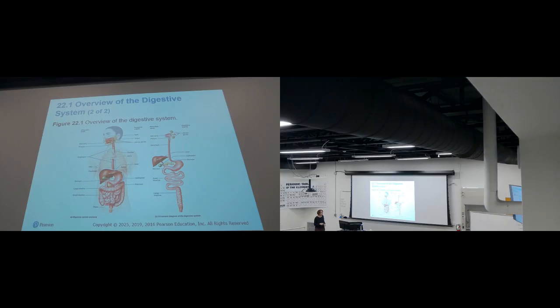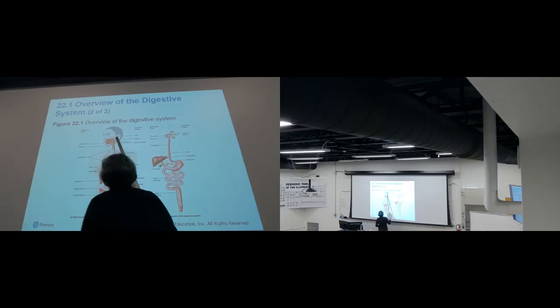The stomach is a reservoir of food that has an inverted J shape. It's located in the left upper quadrant. And this stomach ends in the first part of the small intestine, which is the duodenum, which is this.